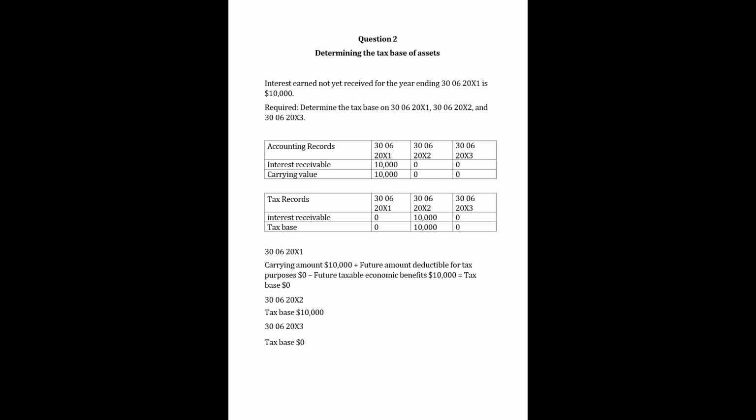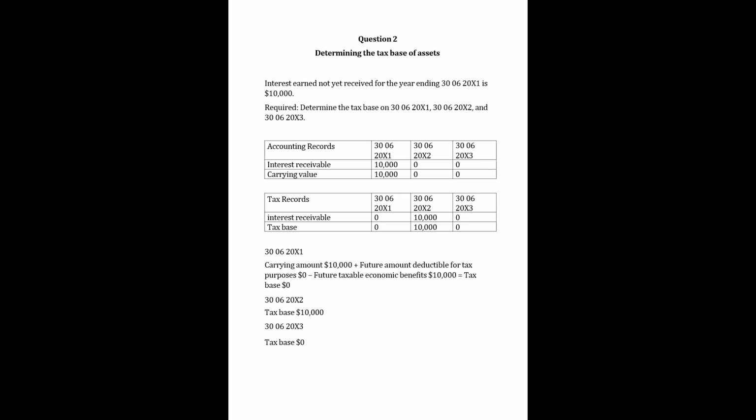So if you look at the 30th of June 20X1, our carrying amount is 10,000, and the future taxable economic benefits which we have to deduct is 10,000, and the future amount deductible for tax purposes is 0. So therefore the tax base is 0.